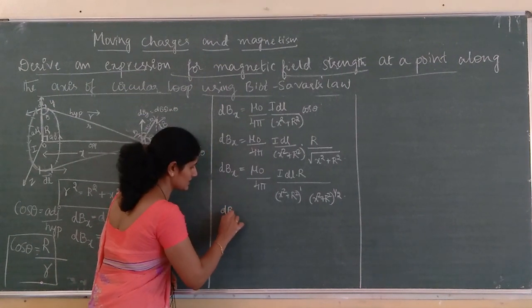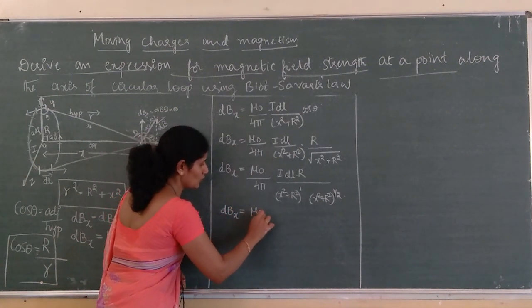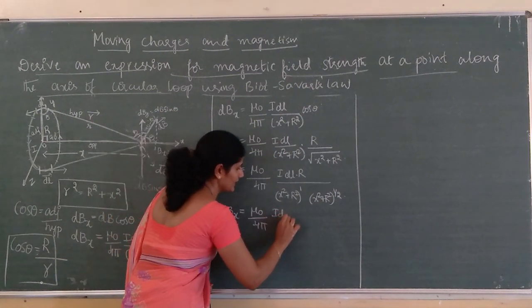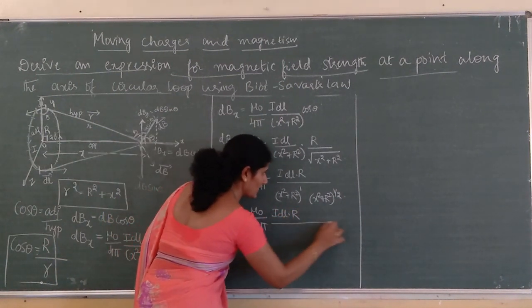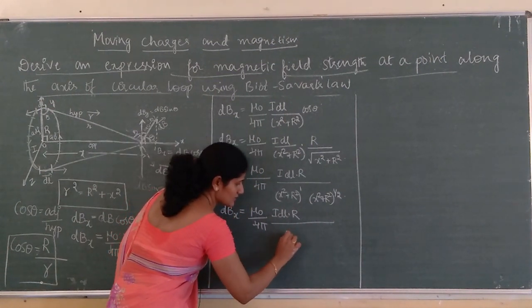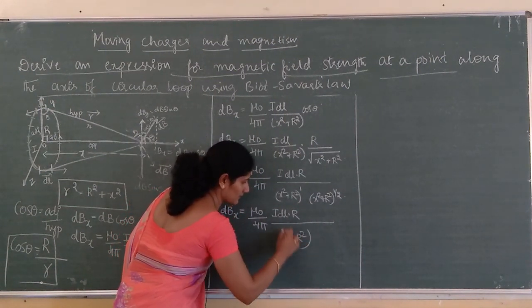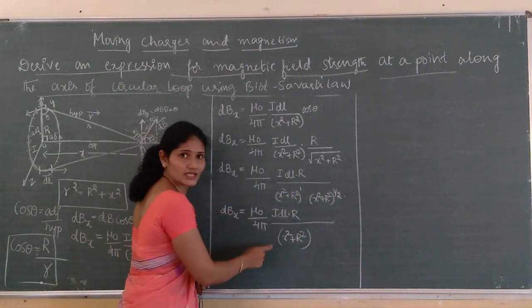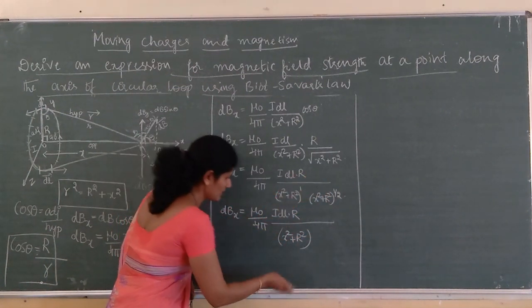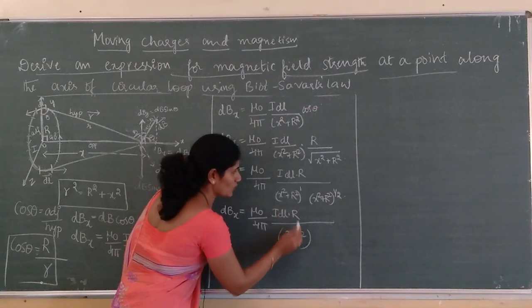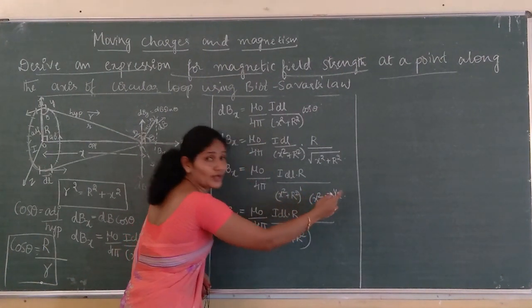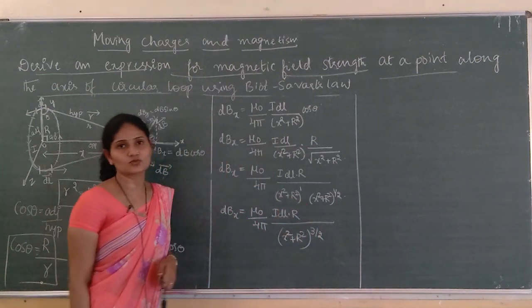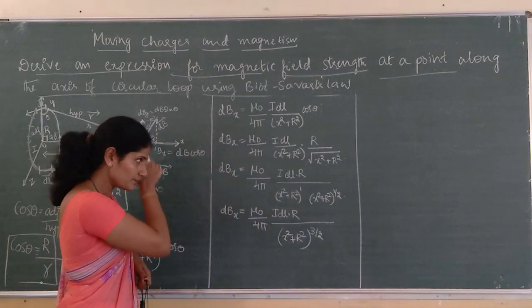So dBx is equal to mu naught by 4 pi IDL into r divided by x square plus r square. Since x to the power m into x to the power n is x to the power m plus n, x square plus r square to the power 1 plus 1 by 2 is 3 by 2.